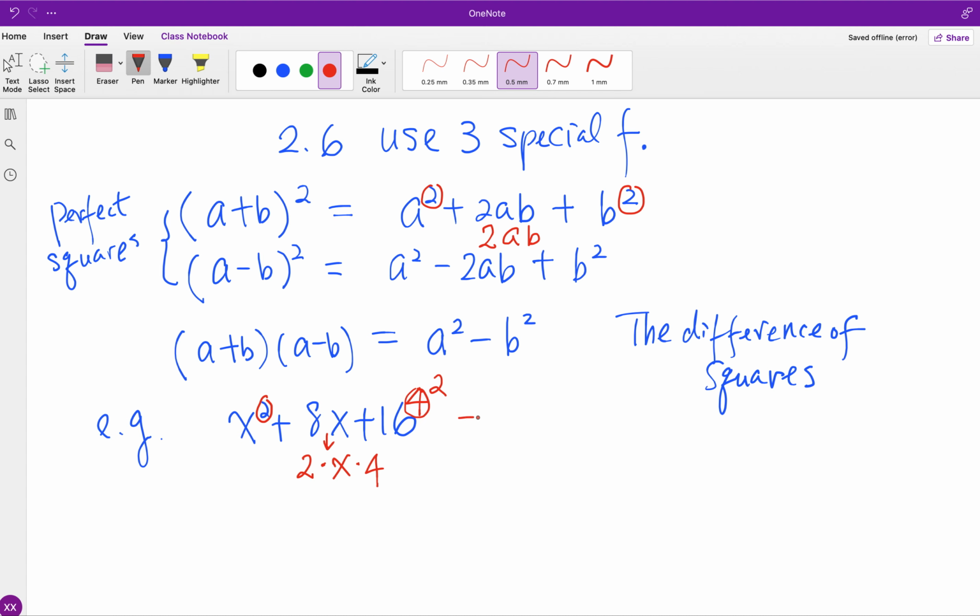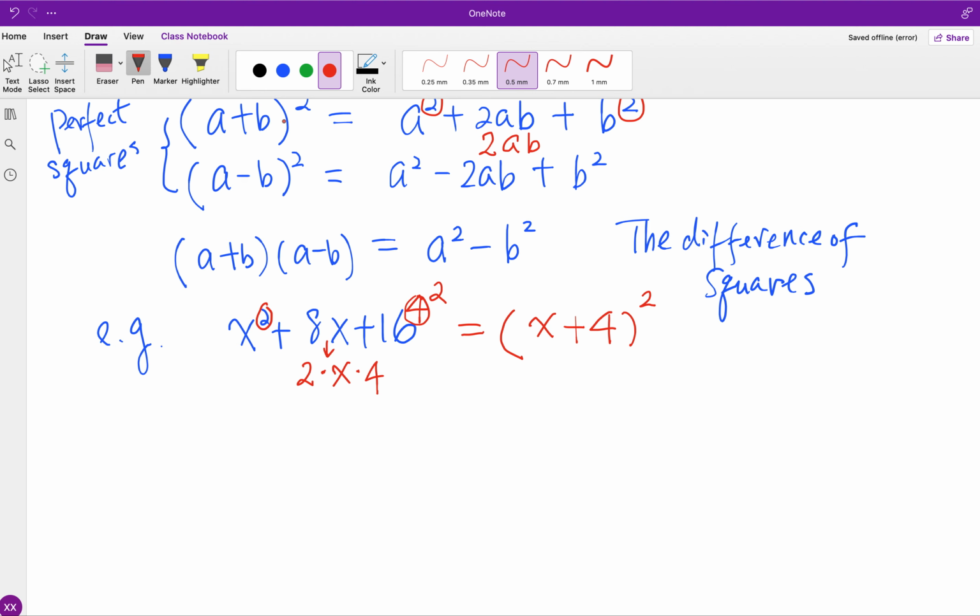So in this case, when I factor it, what is a? a is x here, plus, what is my b? b is 4 here. This is a perfect square. That's how I factor. So one time I use the formula, then I get my factor. Okay? You can definitely use what we have done so far, but this is just much faster.